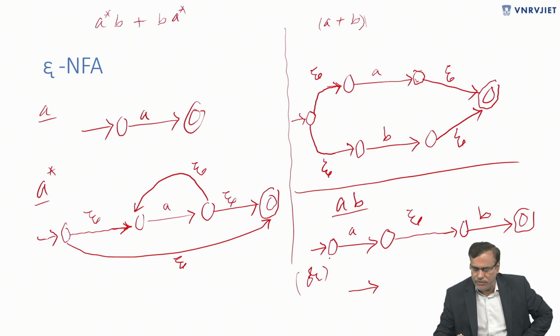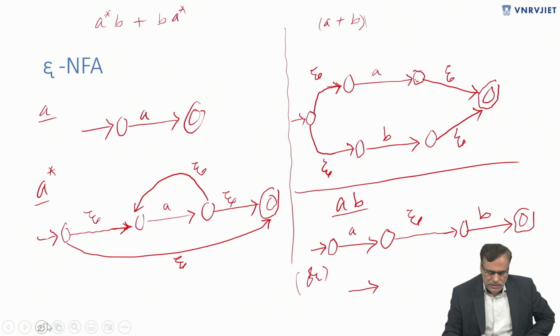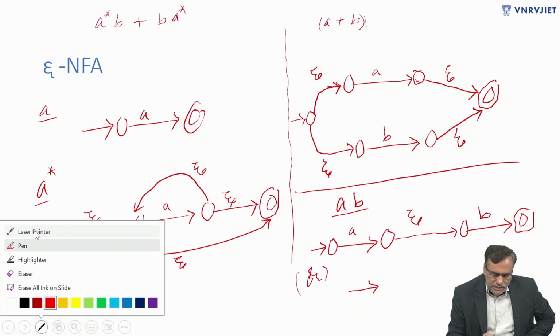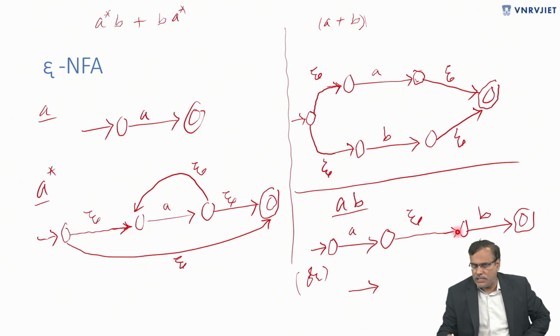That is AB only. It is going to get processed in this way. This is a start state, A, epsilon, B. If you concatenate the symbols along this path, you are going to get AB itself. A concatenation epsilon is A, concatenation B is AB.